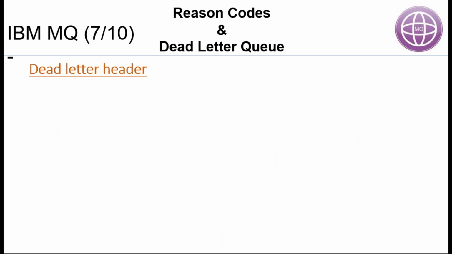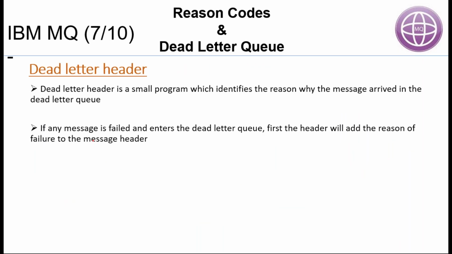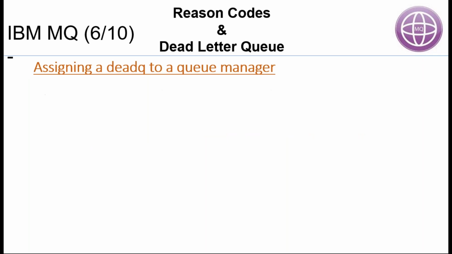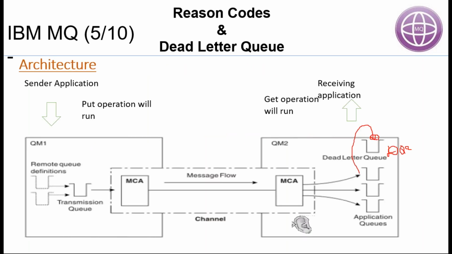Now, the second duty is, if any message fails and enters the dead letter queue, the header will add the reason of the failure to the message header. In step 1, the header identifies the reason, and in step 2, it attaches that reason of the failure to the message header, and then the message lands in the dead letter queue.